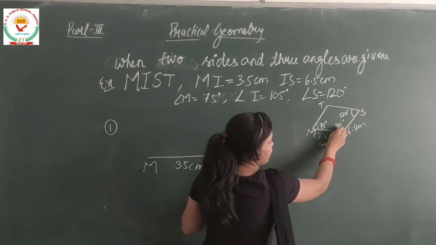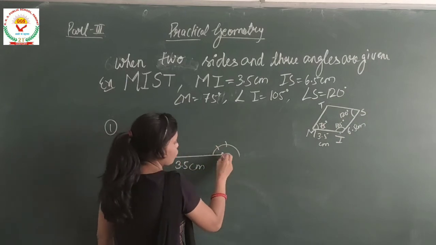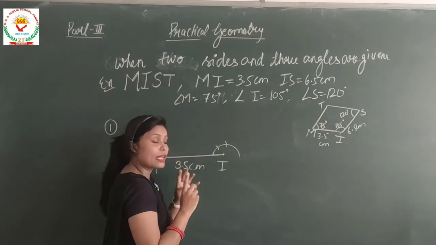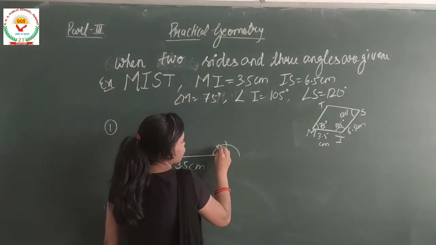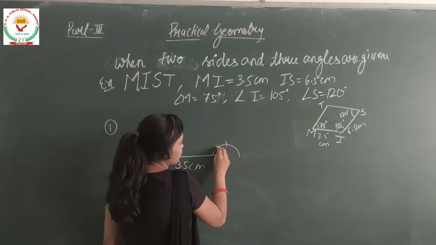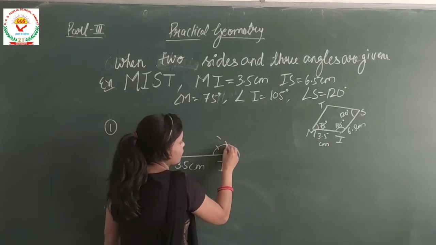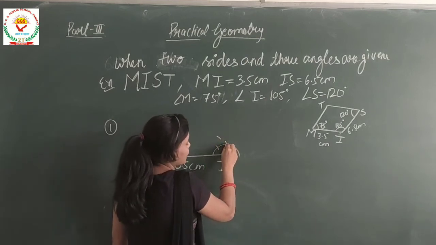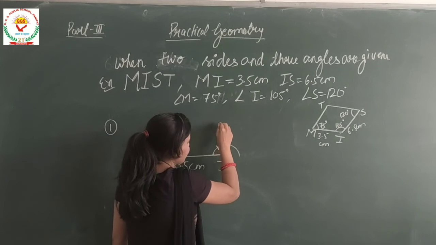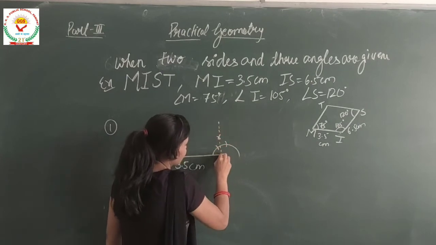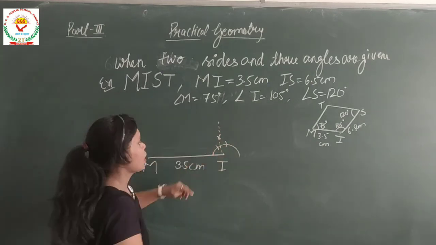We need to make 105. Okay, so first we need to find 90 degrees. To make 90 degrees, keeping the needle at 60 degrees, we will mark an arc here. Keeping the needle at 120 degrees, we will mark again. This is the 90 degree angle.